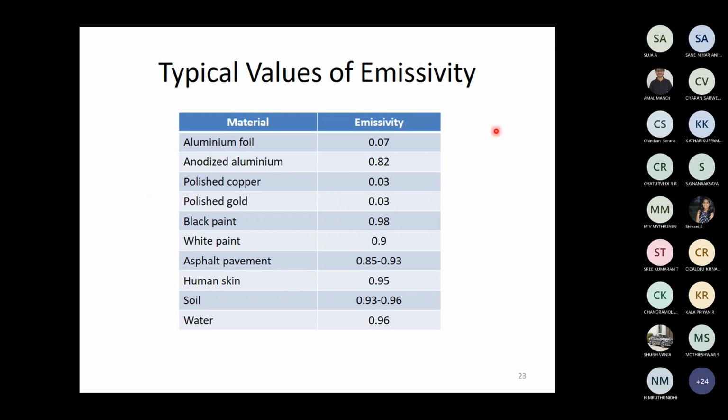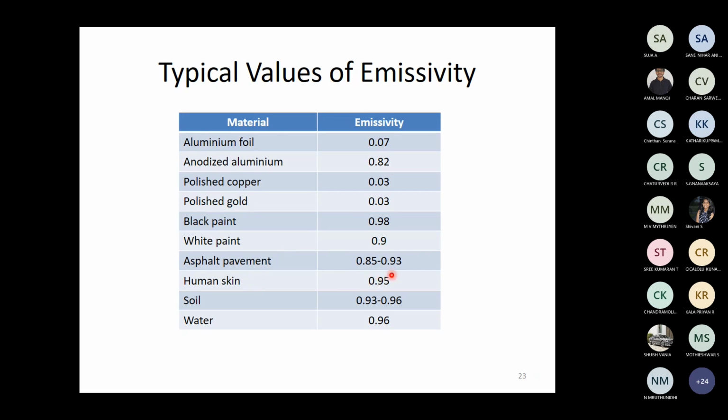So here there are values of emissivity. Emissivity values are very important. You can see here for aluminum foil it is 0.07. That means aluminum foil, even if it is hot, won't emit much radiation. Anodized aluminum is 0.82. Same material, aluminum foil and anodized aluminum, but depending on their form and nature, anodized aluminum has a high emissivity, whereas aluminum foil has a low emissivity.